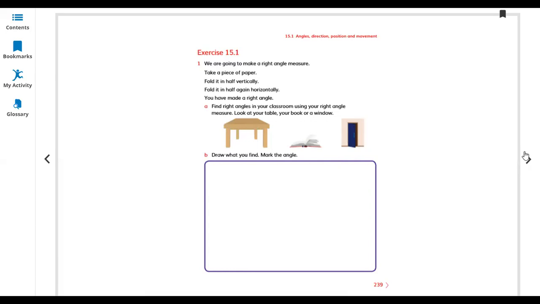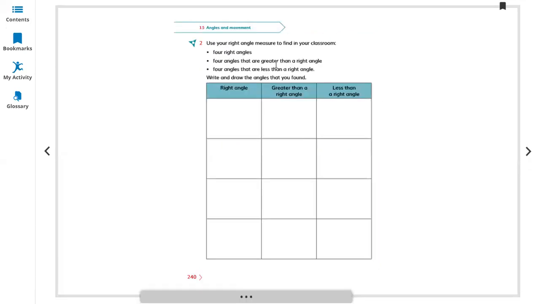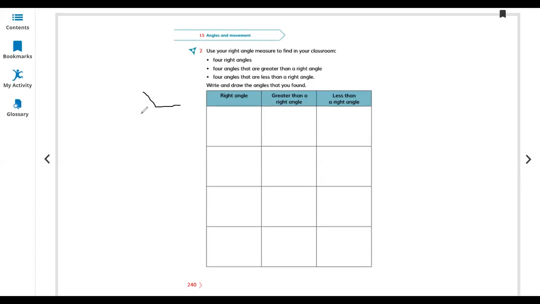Page number 240. Use the right angle measure to find in your classroom four right angles, four angles that are greater than a right angle, four angles that are less than a right angle, greater than like this and less than like this.